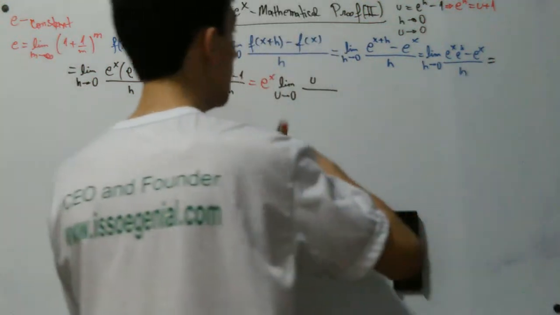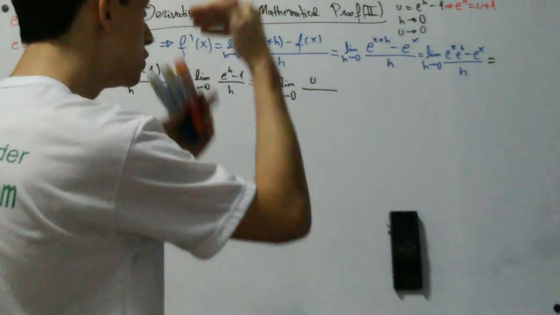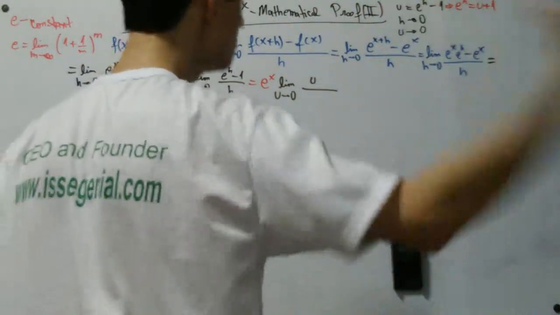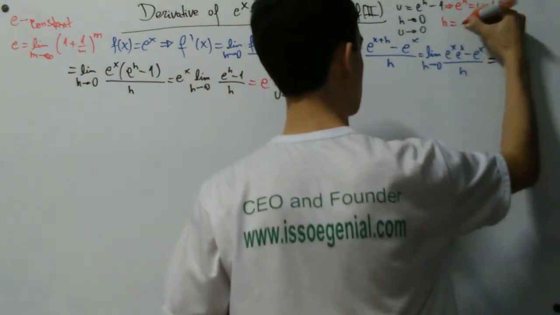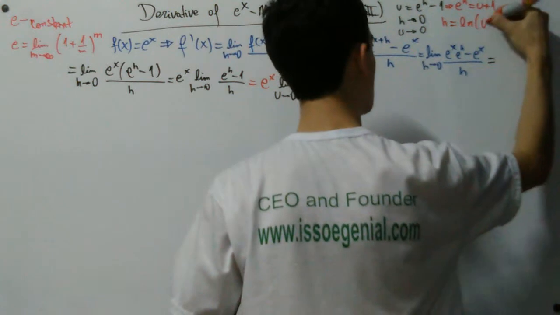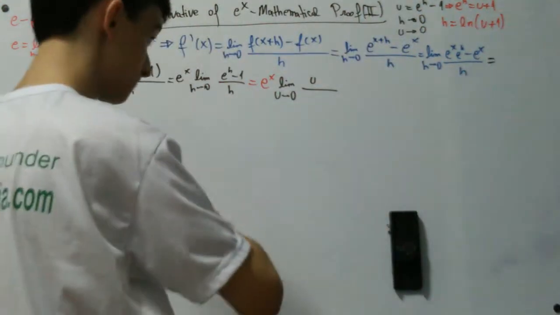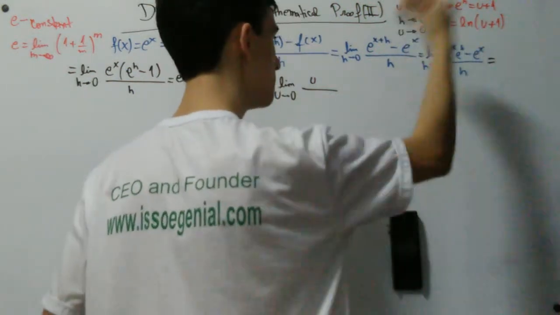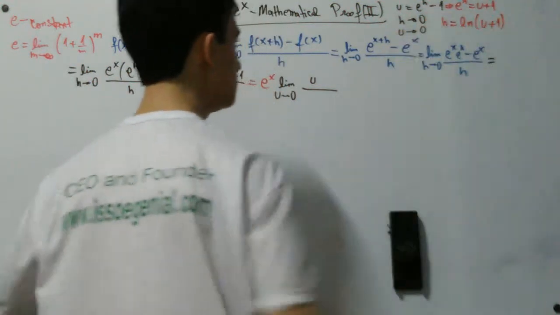So we know that h here is the exponent to which we raise e in order to obtain u plus 1. So we can write that h is the natural log of u plus 1. Natural log base e. So h is the logarithm base e of u plus 1.